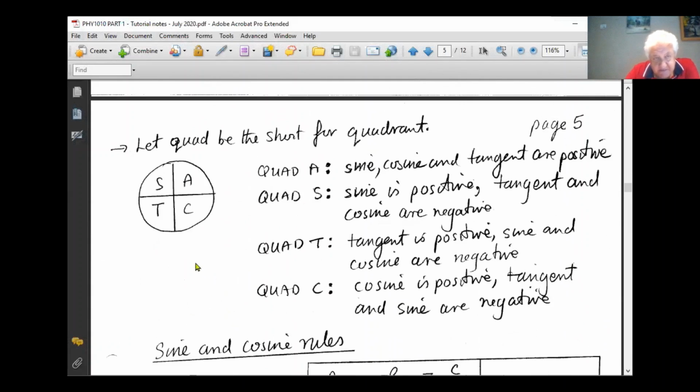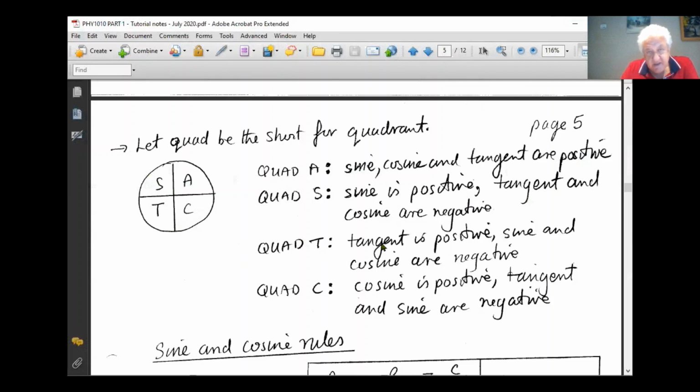And it goes like this. Draw a circle, divide it up into quadrants: first quadrant, second quadrant, third quadrant, fourth quadrant. Start and go CAST counterclockwise. Quadrant A, the first: sine, cosine and tangent are all positive. Quadrant S, the second quadrant: sine is positive, tangent and cosine are negative.